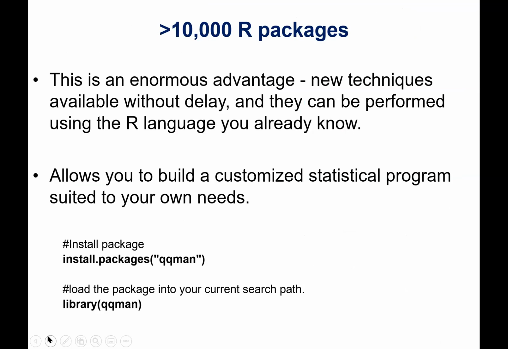Right now there are over 10,000 R packages. That means when a scientist develops an R package and puts it on the website, we can directly download it without any kind of delay, not like SPSS or SAS, where we must wait for their developers to build the function into the software.